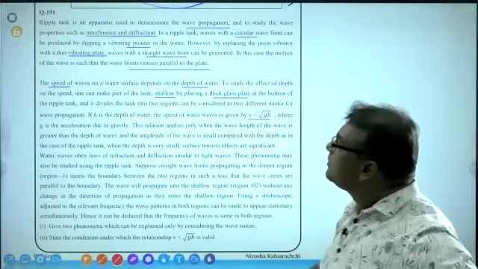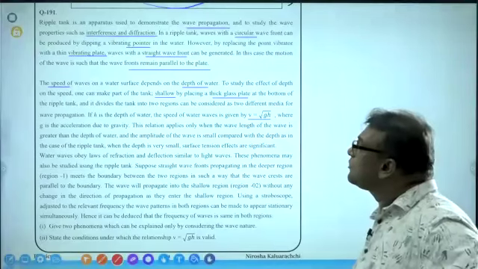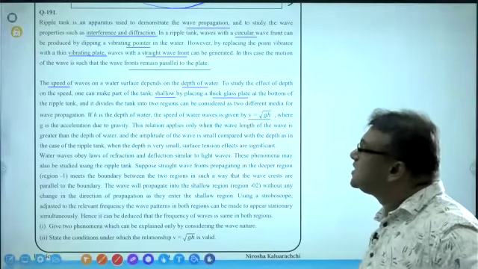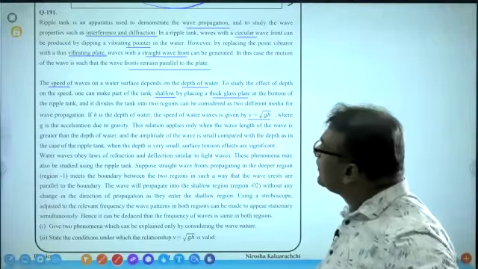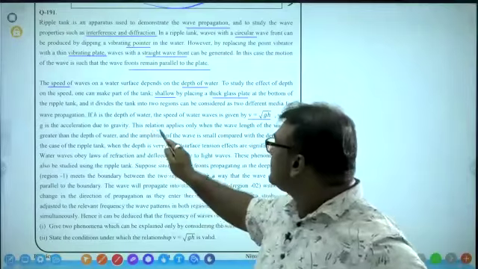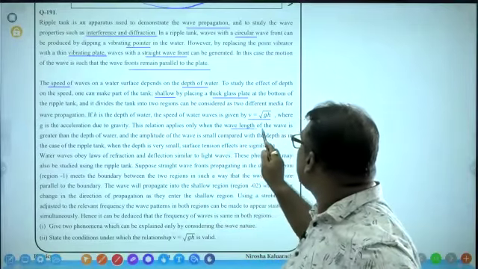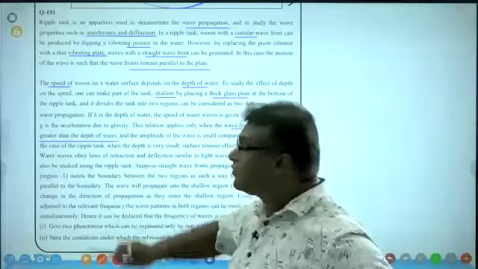H is the depth of the water. The speed of water wave is given by V equals root gH, where g is the gravitational acceleration, and the relation applies only when the wavelength of the wave is greater than the depth of water.